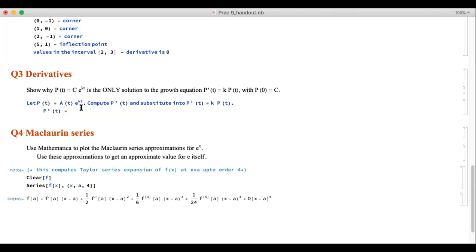What's the derivative of P(t)? That's P dash.